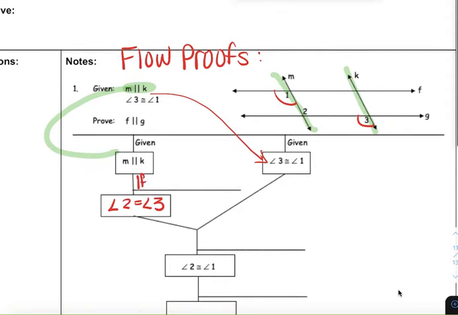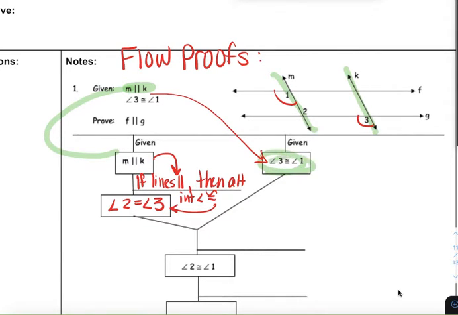Because if lines are parallel, which I said they are, then alternate interior angles are congruent. So because I know the lines are parallel, then I can say the angles are congruent.